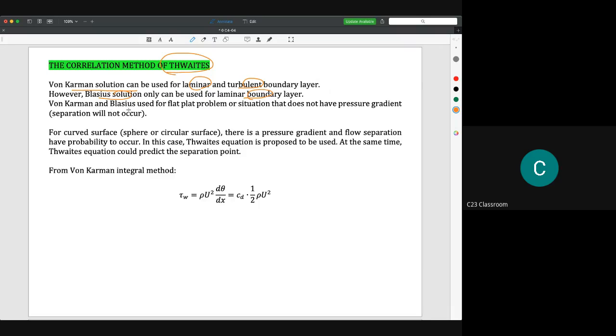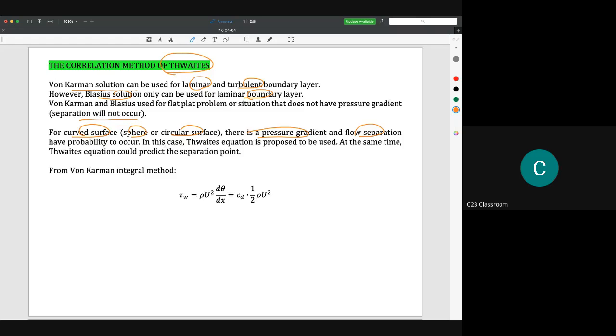And von Karman and Blasius are used for flat plate problems, or situations that do not have a pressure gradient, meaning the separation will not occur. However, for any curved surface, whether it is a sphere, a circular surface or an aerofoil and so on, there is a pressure gradient, and then flow separation has a probability to occur.